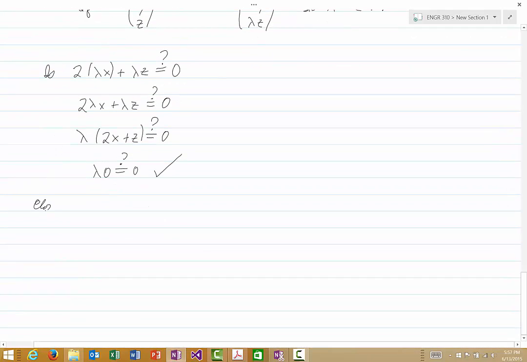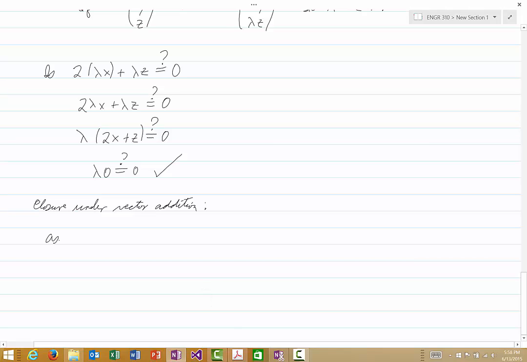Now let's check for closure under vector addition. We need to check for both in order to make sure that it is a vector space. Okay, now to check for closure under vector addition, remember what we do is we pick any two vectors in the set.